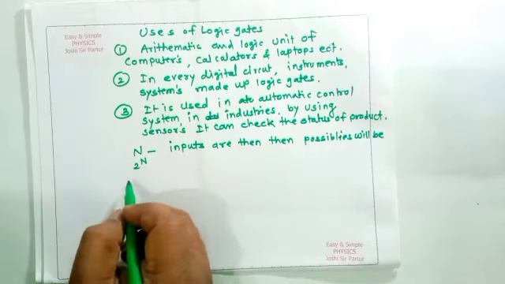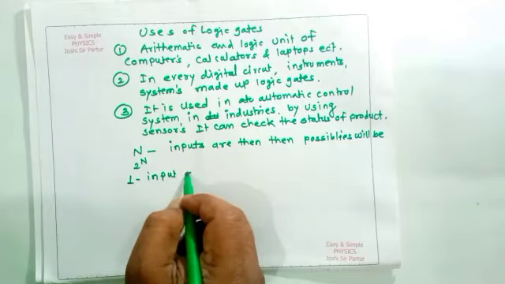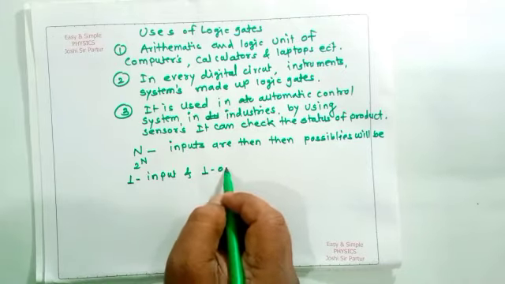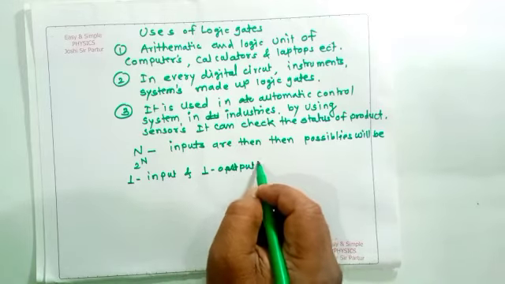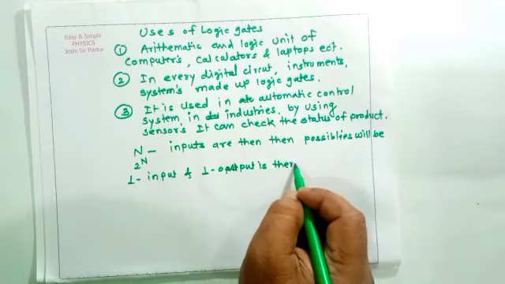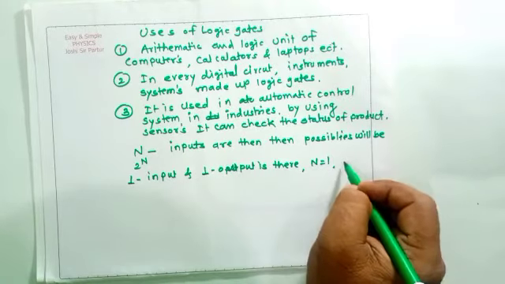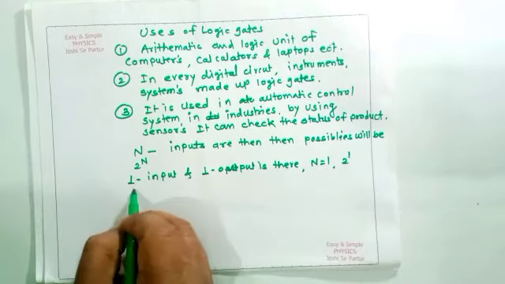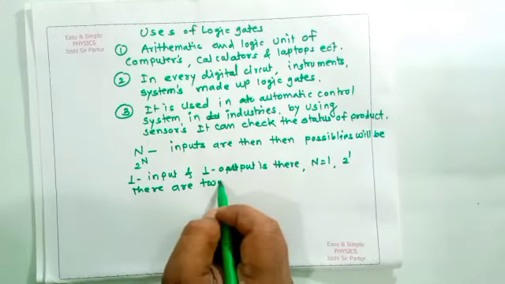When one input and one output is there, n is equal to 1, then there are two possibilities.